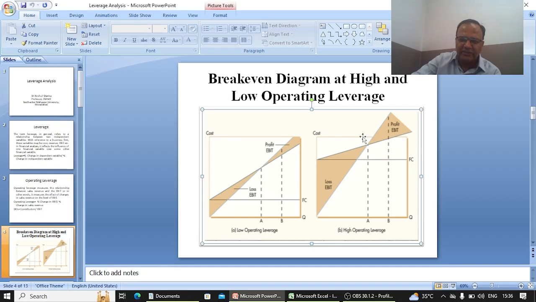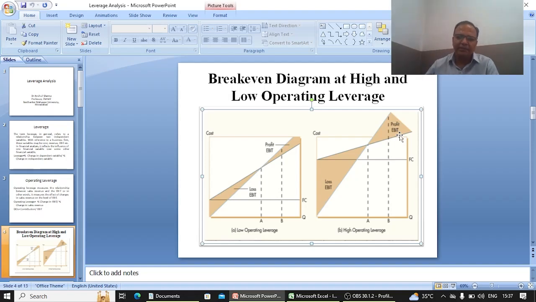But it is the case of high operating leverage where we reach the break-even point of the firm after a certain time. It means it takes a long time, but after reaching the break-even point, the margin of profit increases very sharply.